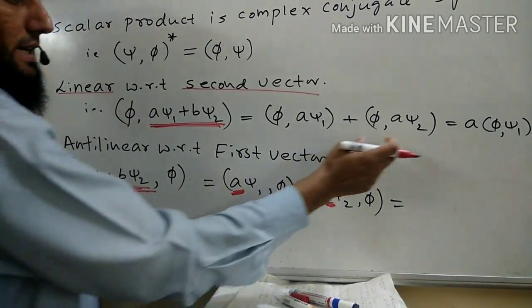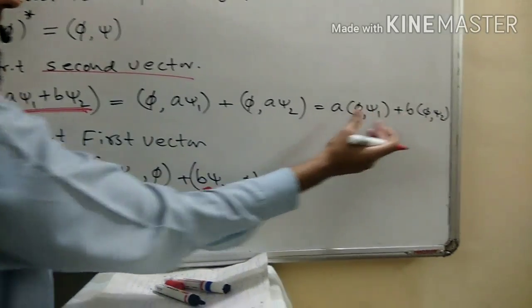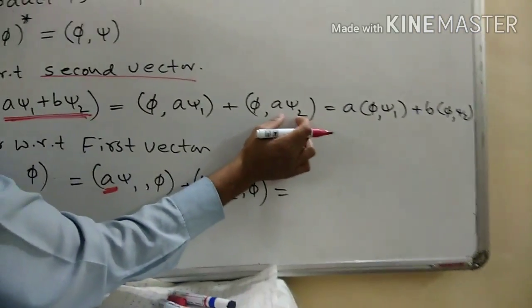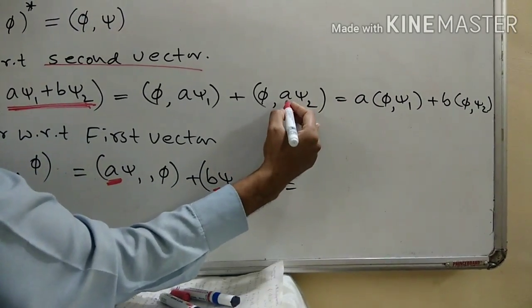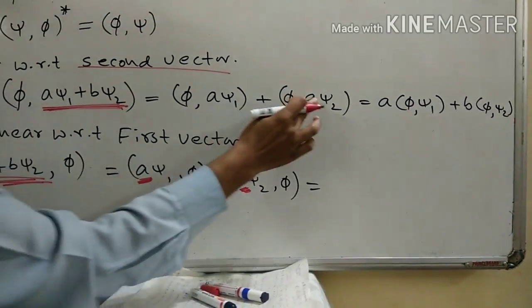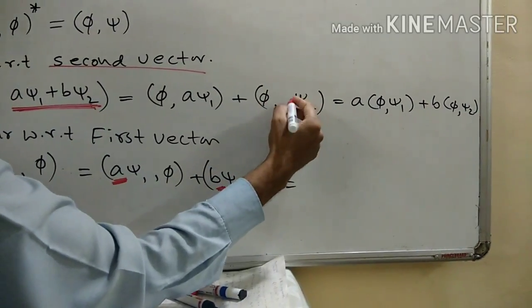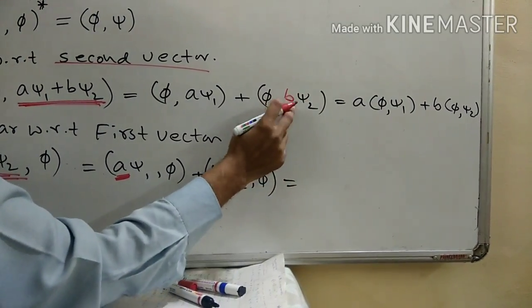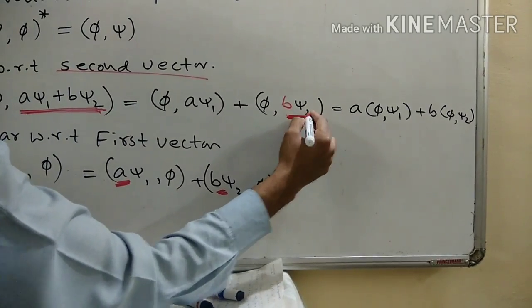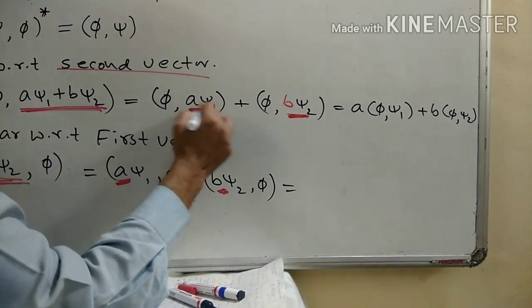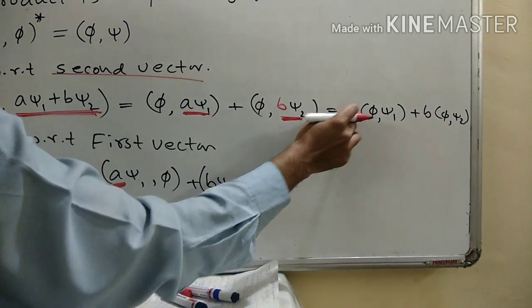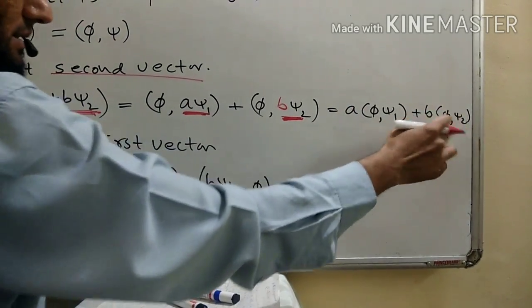Earlier it was very easy: if the scalar is in the second vector, we just take it out, so it can be written as a phi psi 1 and b phi psi 2.